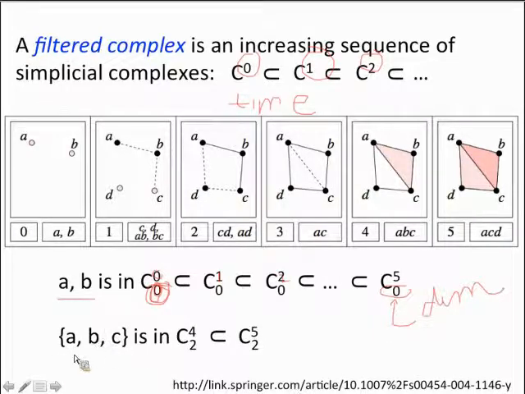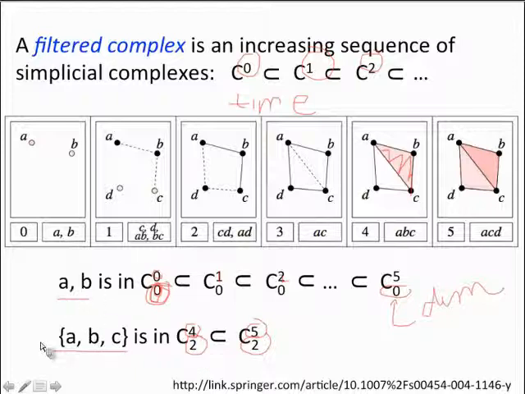If I talk about my 2-simplex, this is A, B, C, it is 2-dimensional, so it is in C sub 2, but it exists at time 4 and time 5, so we've got it in both of those complexes. So we will use double scripting, super and subscripts, to denote time and dimension respectively.